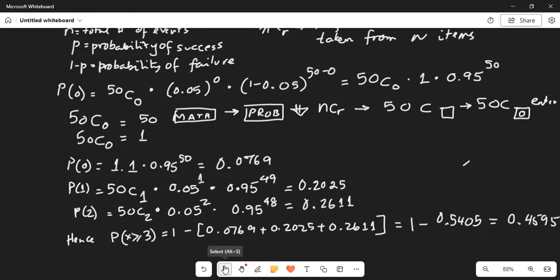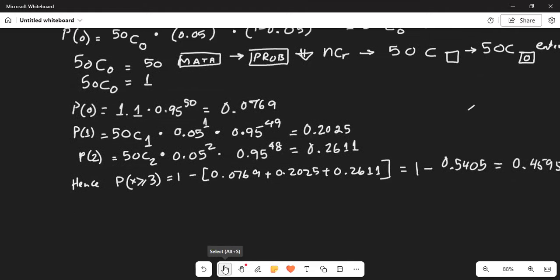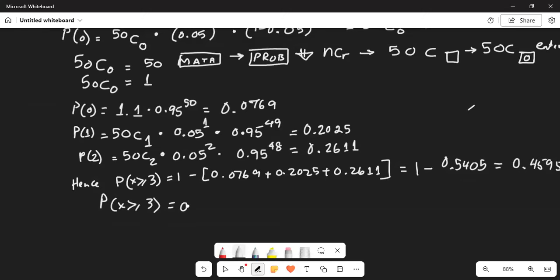Let's move this over. So P of X greater than or equal to 3, the answer is 0.4595.